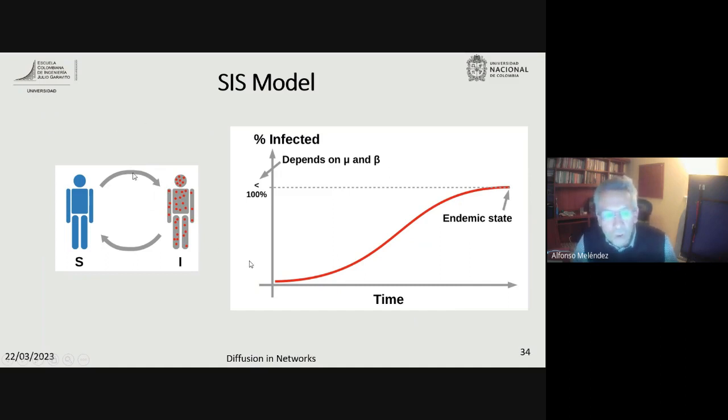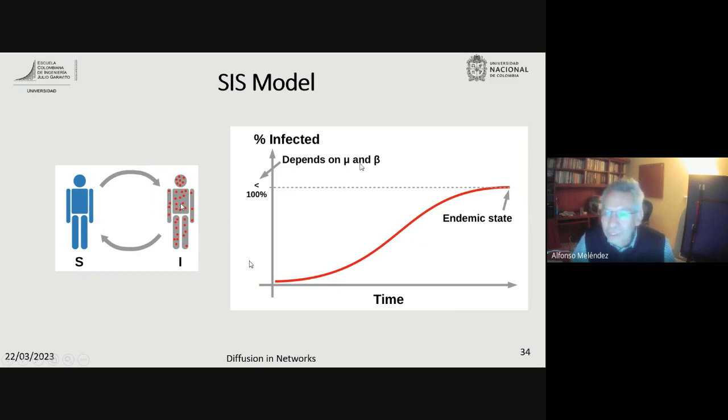Something typical of this model is the endemic state. It's asymptotic. Okay. It depends on two parameters, mu and beta. Mu is the probability of infection, and beta is the probability of recuperation, of recovery.